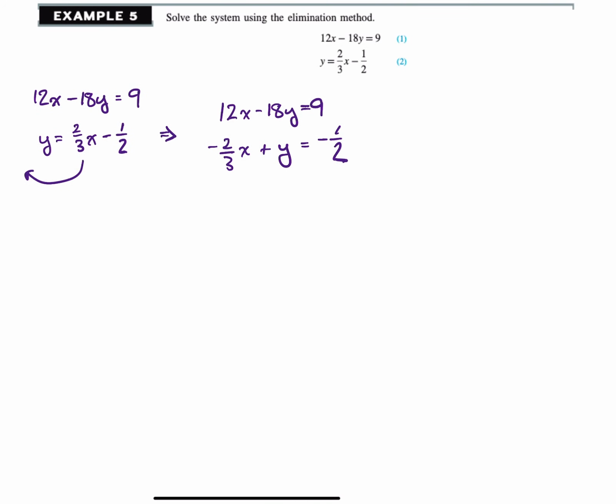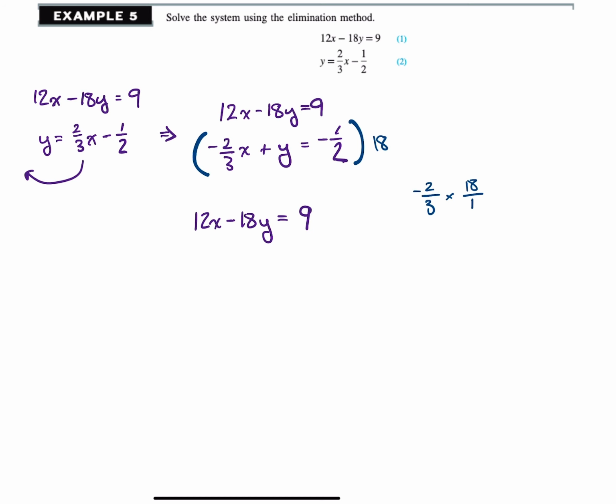So let's do that. I'll multiply this equation by 18. So our first equation will remain unchanged, 12x minus 18y equals 9. Now let's multiply that second equation by 18. The first one is negative 2/3. Maybe I'll do that on the side over here. Negative 2/3 times 18 over 1.